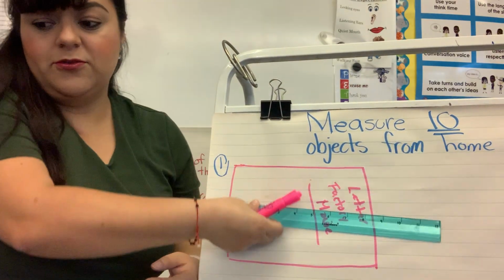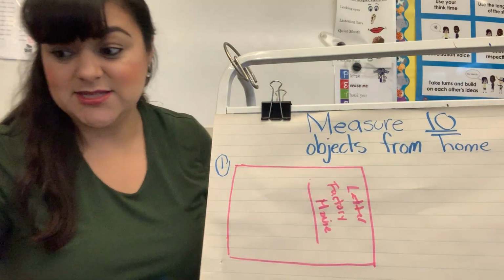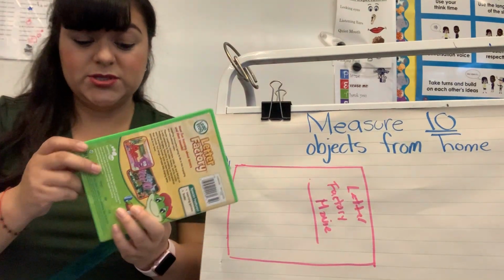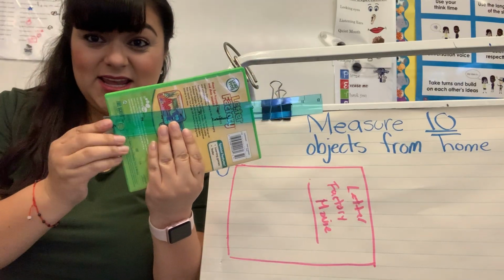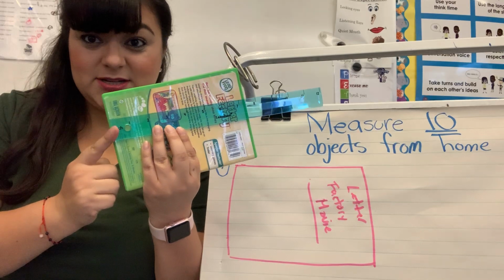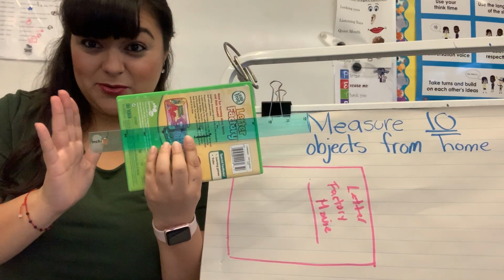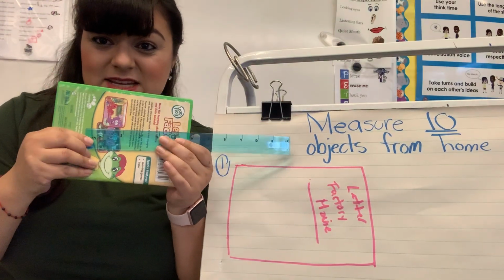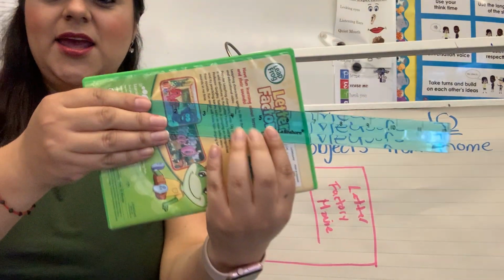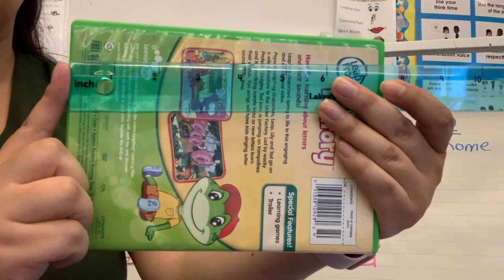So if I were using the real DVD case, I would hold it up and I have to align it to the start, not past the start. That's too far, right? Not in the middle of the DVD. So I need to align it. That means you need to put it where it starts.